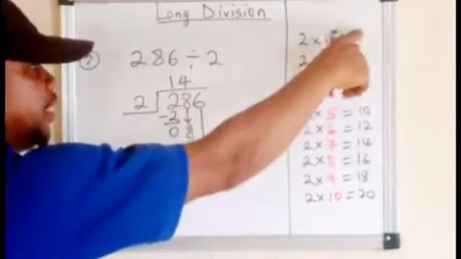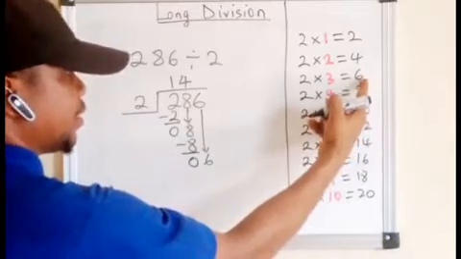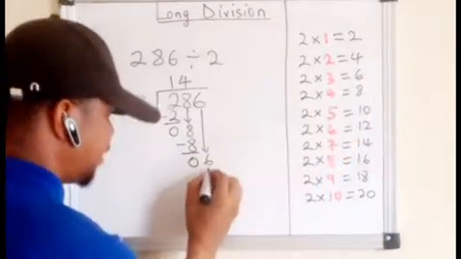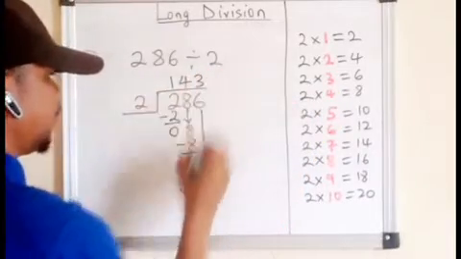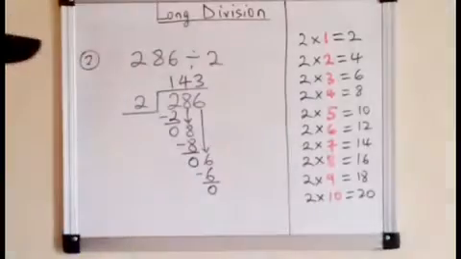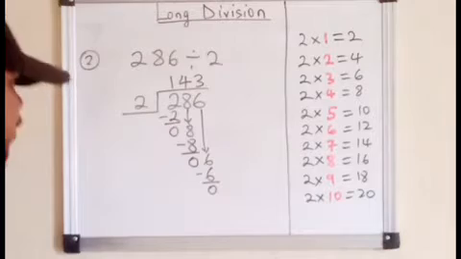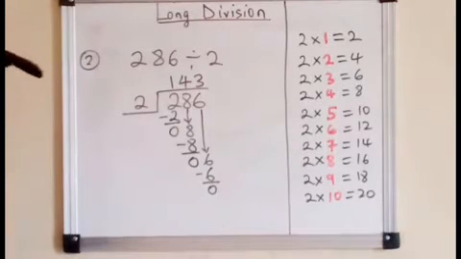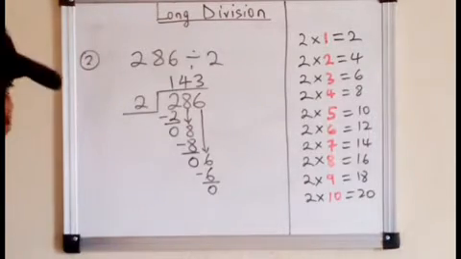Look for 6 in your 2 times table. See the 6. Pick the 6, write it here, and the middle number there should go up. You subtract. 6 minus 6 is 0. So our answer becomes 143. So that is long division. Once you generate your times table, you are ready to go.